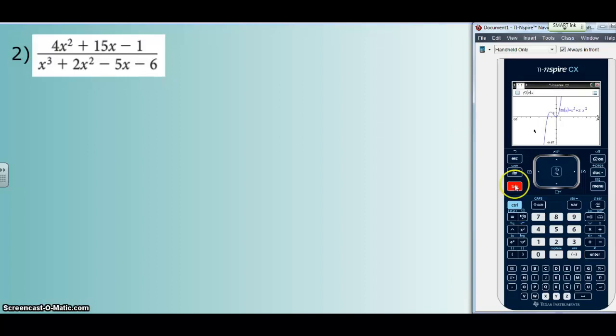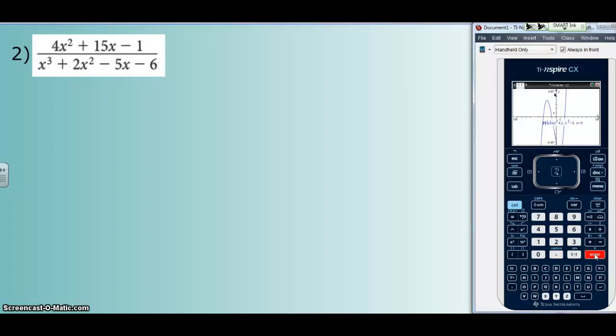Whoops. I'm missing the minus 5x, minus 5x, and then minus 6. Okay, so it looks like it touches at 2, negative 1, and negative 3.